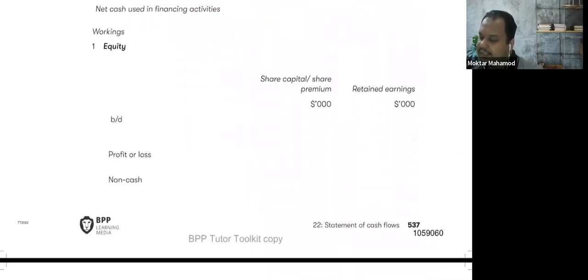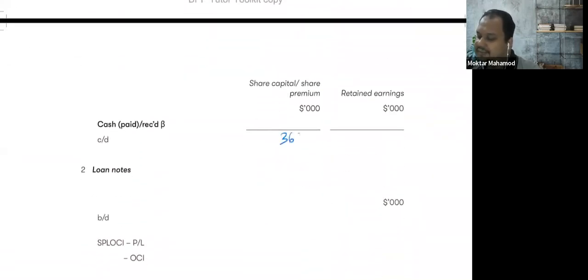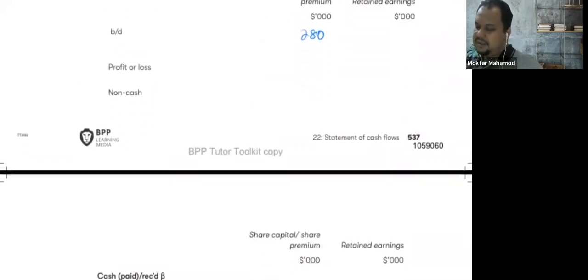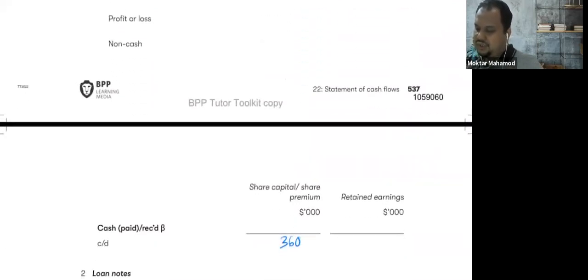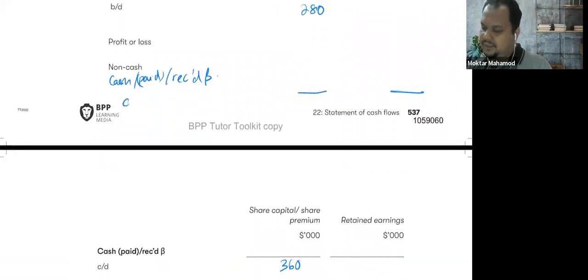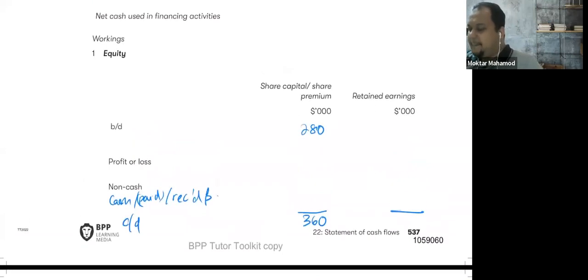So 280, 360. Dekat bawah ni ya, tak nanti. Itu saya pindah. Dan cash. Cash paid, received, the balancing figure, and then carried down balance 360. So tak perlu tengok yang tu lah.